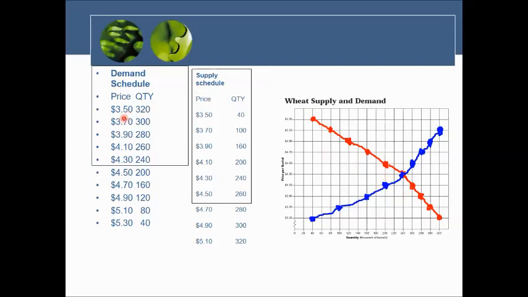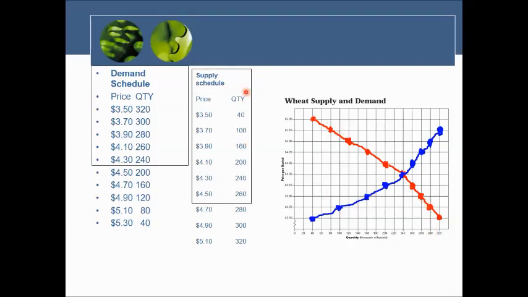And at the price of 370, the quantity needed for the demand is 300.